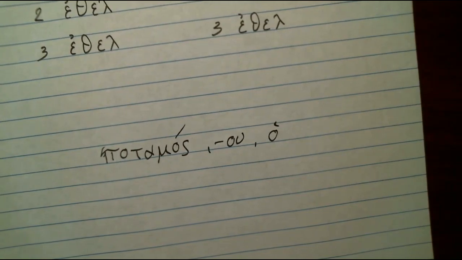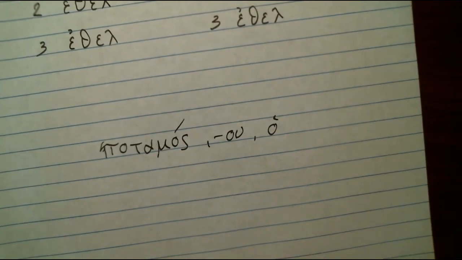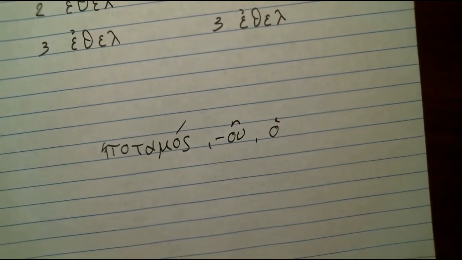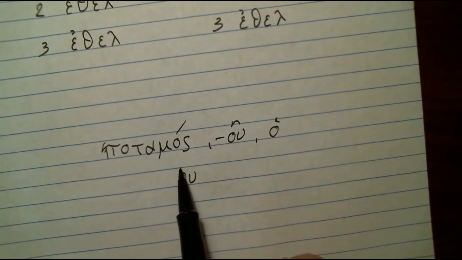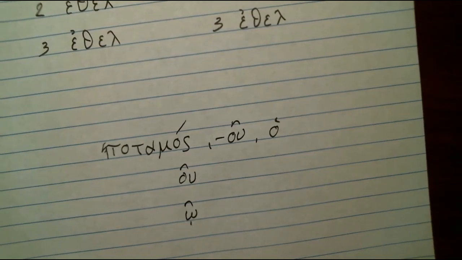So potamos, the accent is on the end. And it's going to stay there on the end, even when you change this to u from the genitive, right? So if you remember, with u, the acute goes to a circumflex, and in the dative it goes to circumflex. If you can't do this on your own, you need to work on this and memorize this.